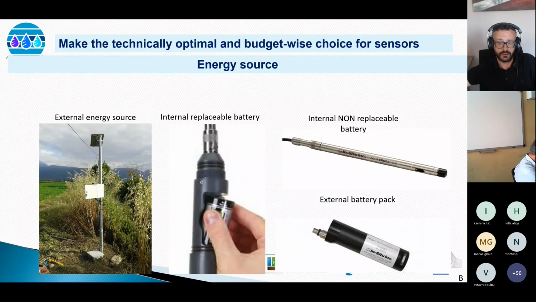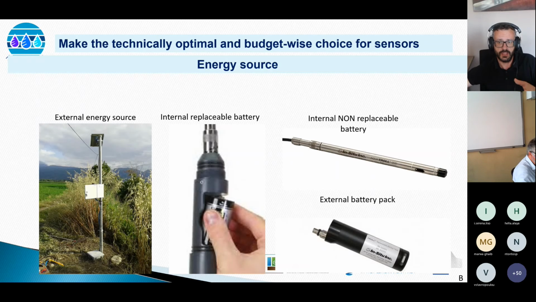Extra crucial, we have to consider the energy source. So the options that we have are: an external energy source, which is usually rechargeable, since most times it is a battery attached to a solar panel.